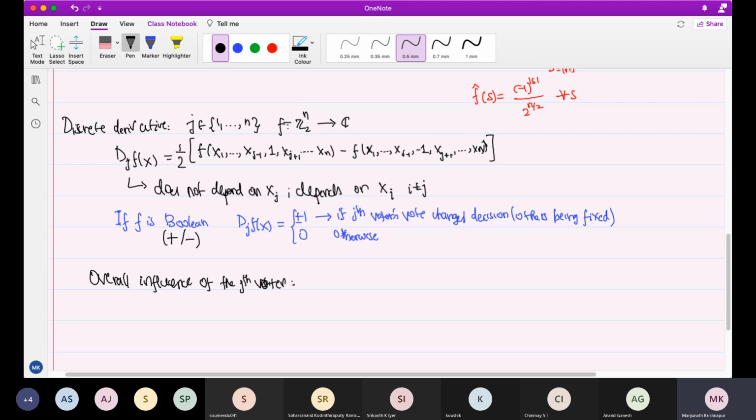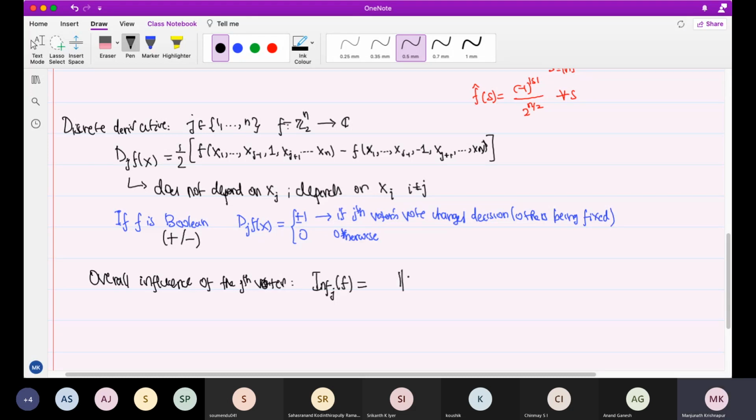So how do I get one measure combining all the things? Let's just average over all the x's. This is called the influence. Influence_j of f doesn't depend on x.